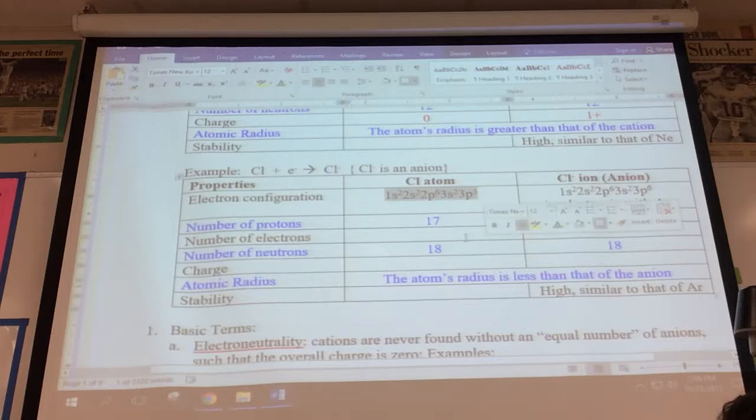Chlorine's electron config is 1s2, 2s2, 2p6, 3s2, 3p5. Without looking at a periodic table, in what group is chlorine? Group 17 is correct because it has 2 plus 5 is 7 valence electrons. Group 17 has 7 valence electrons.